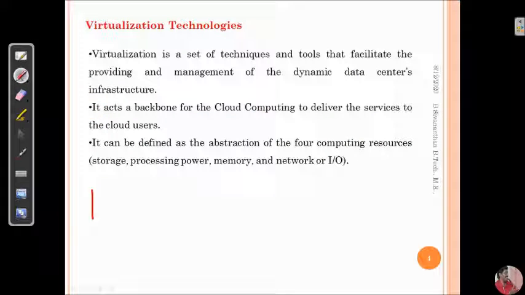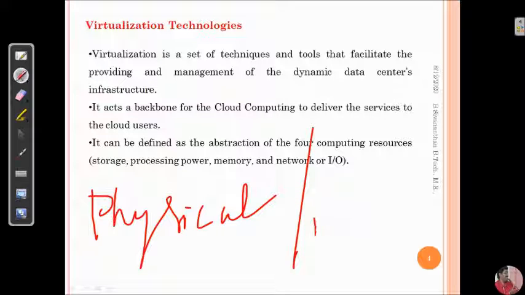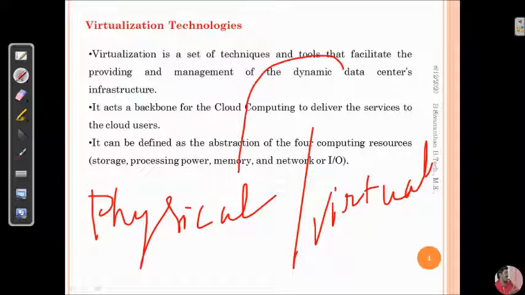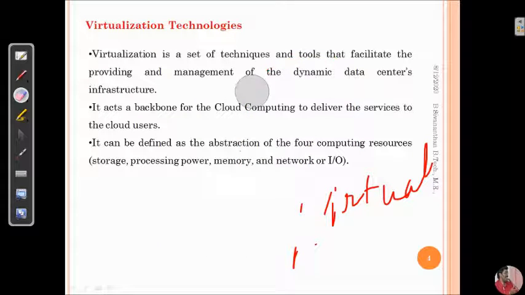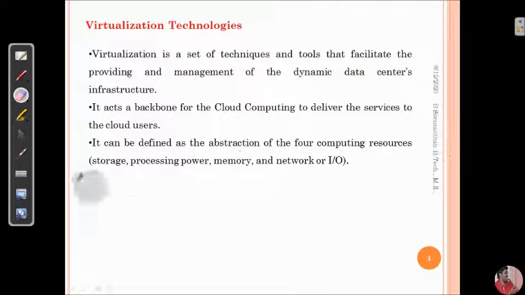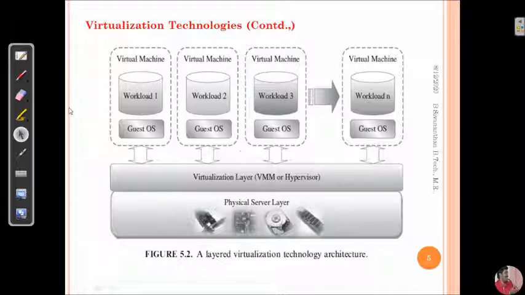In a previous video, I gave enough definitions of the difference between the physical machine and the virtual machine. If you wish, you can go through that video to know the difference.